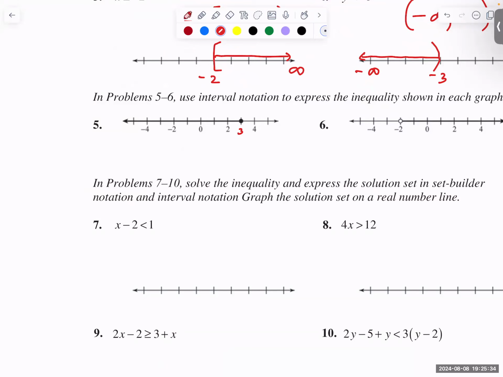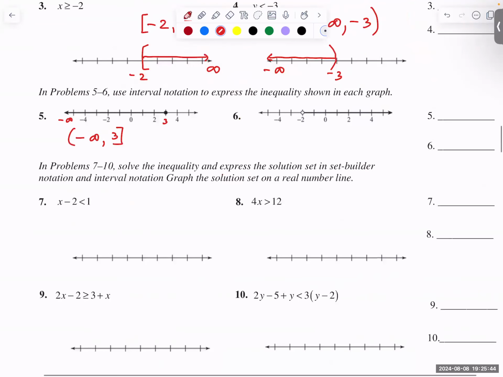So we have parenthesis -infinity, comma, +3, bracket. Number 6 has shading to the right of -2. There's an open circle at -2, which translates to using a parenthesis, left paren -2, comma, positive infinity.